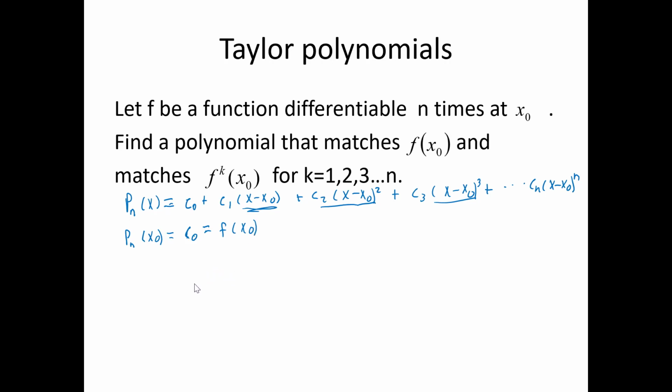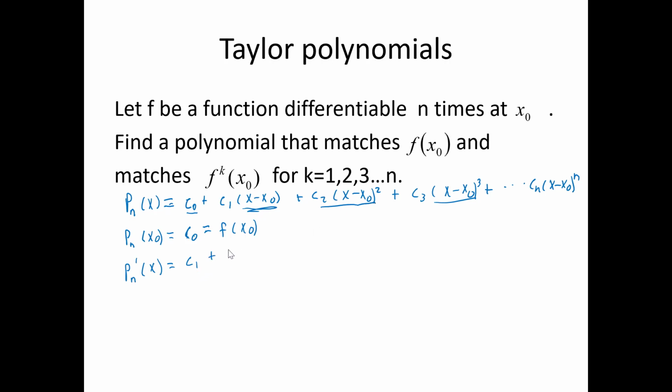To find C1, we look at the derivative, right? And so then Pn prime of x, now this first term goes away because that's just a constant. Now we have this constant times this, but the derivative of this is 1 because the minus x naught is a constant, so we just get c1.